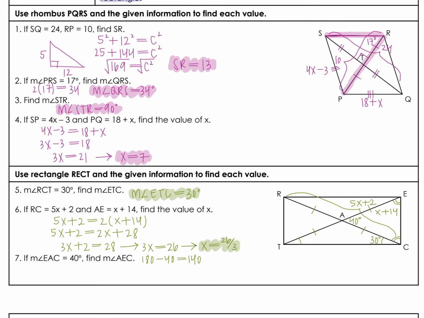And then I'm going to take that 140 that's left over and divide it by 2, since I have 2 angles left. And you're going to be left with the measure of angle AEC is equal to 70 degrees.